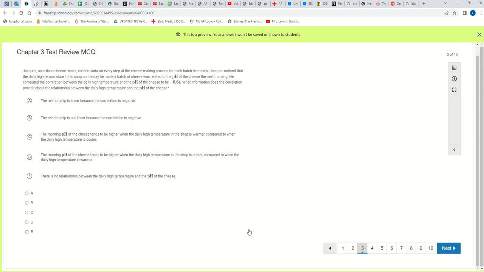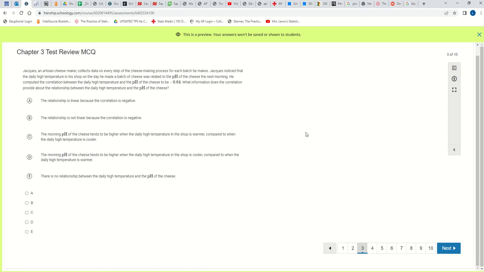All right, let's move on to number 3. There's not any calculating to do on this one. Jacques, an artisan cheesemaker, collects data on every step of the cheese-making process for each batch he makes, and he noticed that the daily high temperature in his shop on the day he made a batch of cheese was related to the pH of the cheese the next morning.